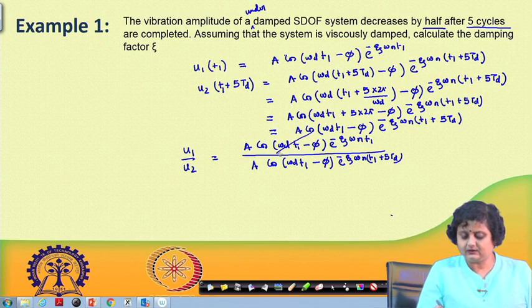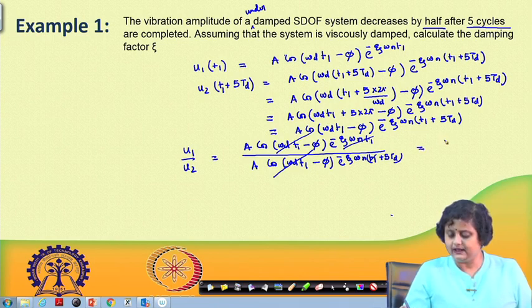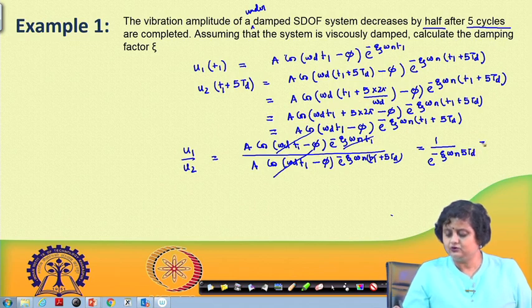So, again this is going to get cancelled with this one, and this with this one. So, I will have 1 by e to the power minus zeta omega n into 5 Td, which can also be written as e to the power zeta omega n 5 Td.